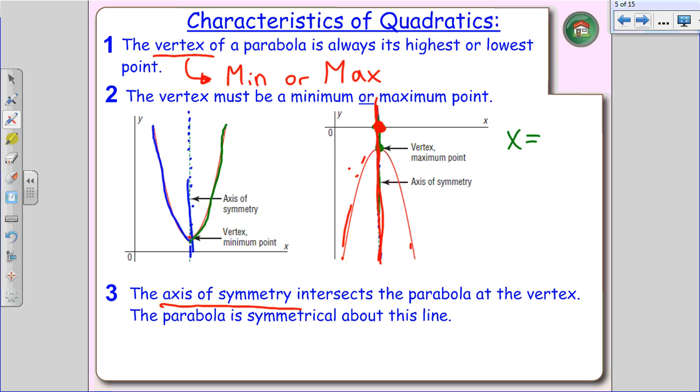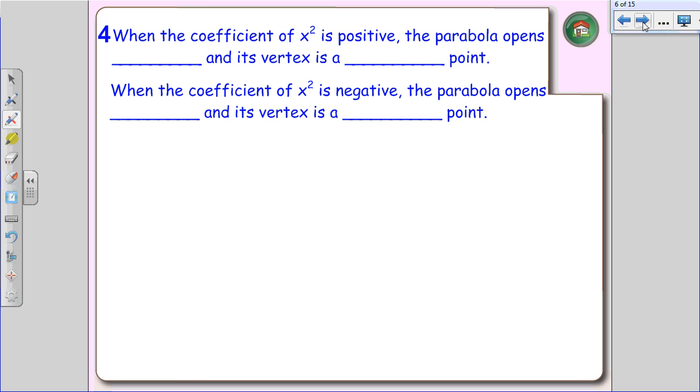A couple other notes. When the coefficient of x squared, that's the a parameter, is positive, the parabola opens up. So it looks like that. It opens up.